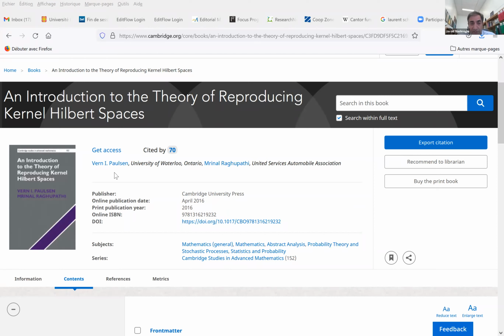I think he's in industry. So it's a very good book. It has two parts. It covers the basic material, and then the second part, some applications in different topics.